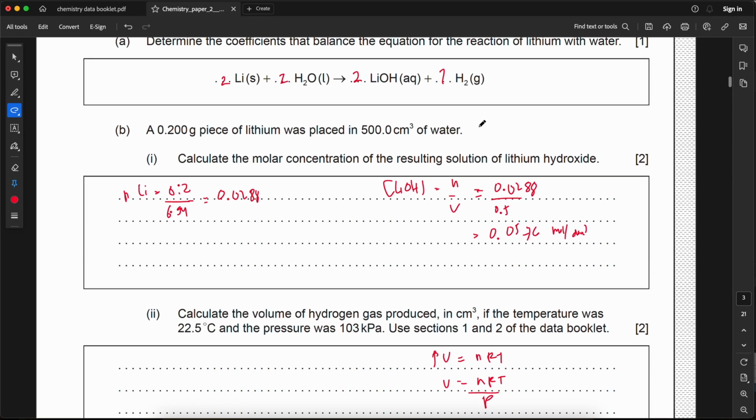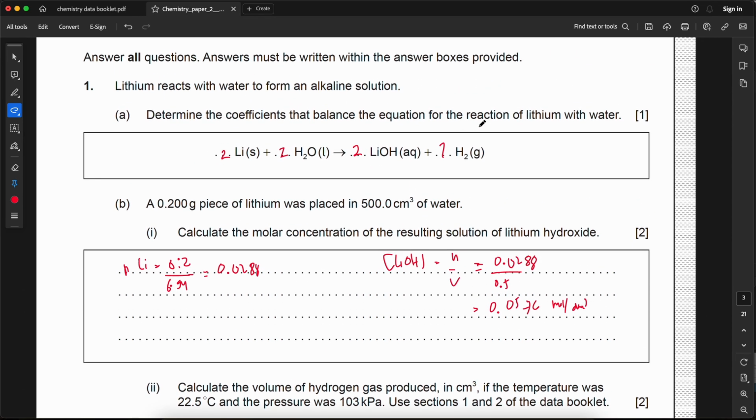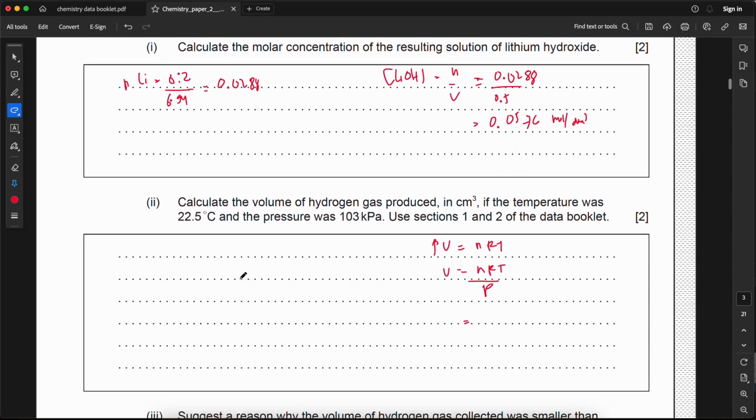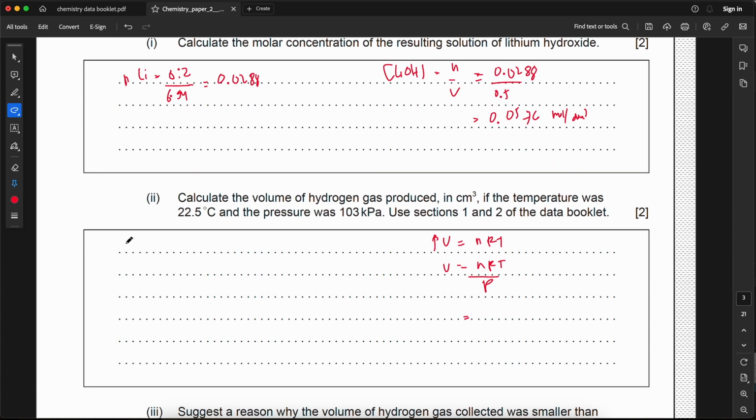But as you can see, the coefficient of H2 is half of the Li. Therefore, the mole will be half. So n of H2 will be half of the mole of Li.